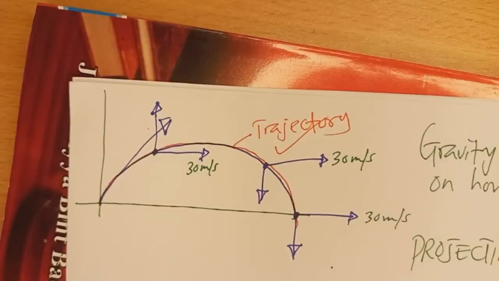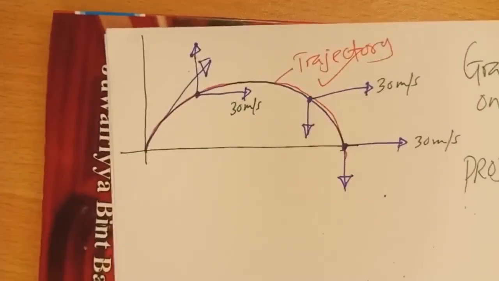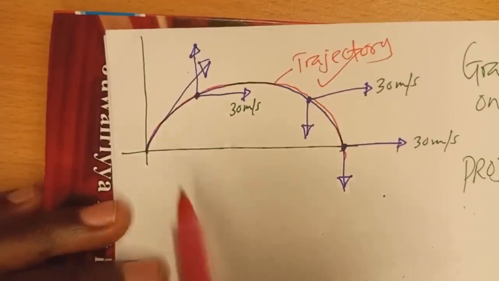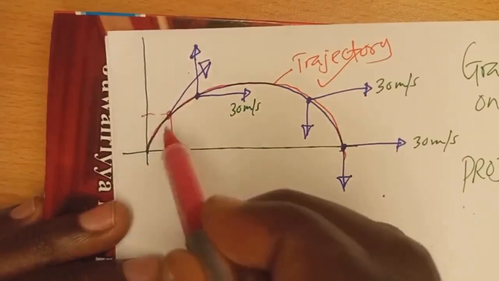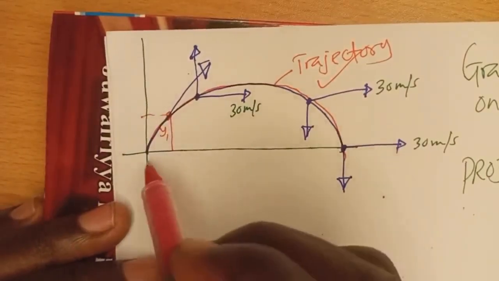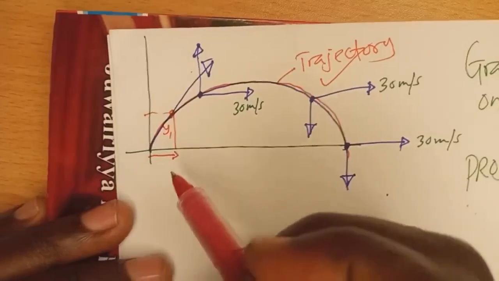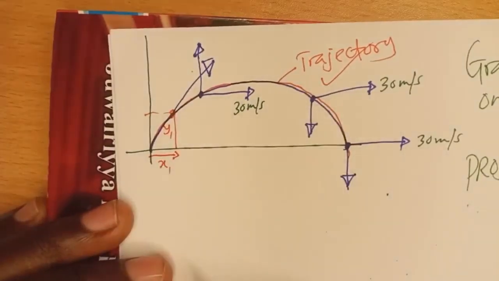Okay, I think I explained all of that. So the next thing we need to know about the projectile is what we call range, the range of a projectile. But before we go to the range, if a projectile is somewhere here, it has vertical distance y, you can call this y1, and at the same time it also has horizontal distance, you can call this x1.